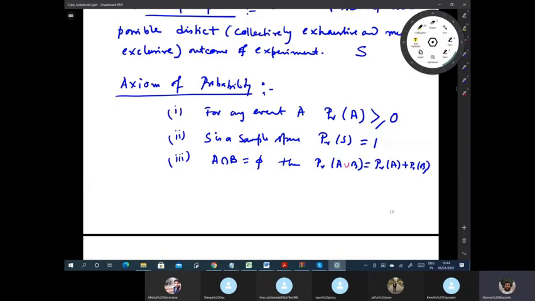Now if you have any question about whether we can define the axioms differently, say probability of A will be greater than 0 or less than 0, anything, and the sample space can be -100 to +100, definitely we can define that. But if anybody defines it like that, that is not the convention, so it is not acceptable. We need to follow the convention.